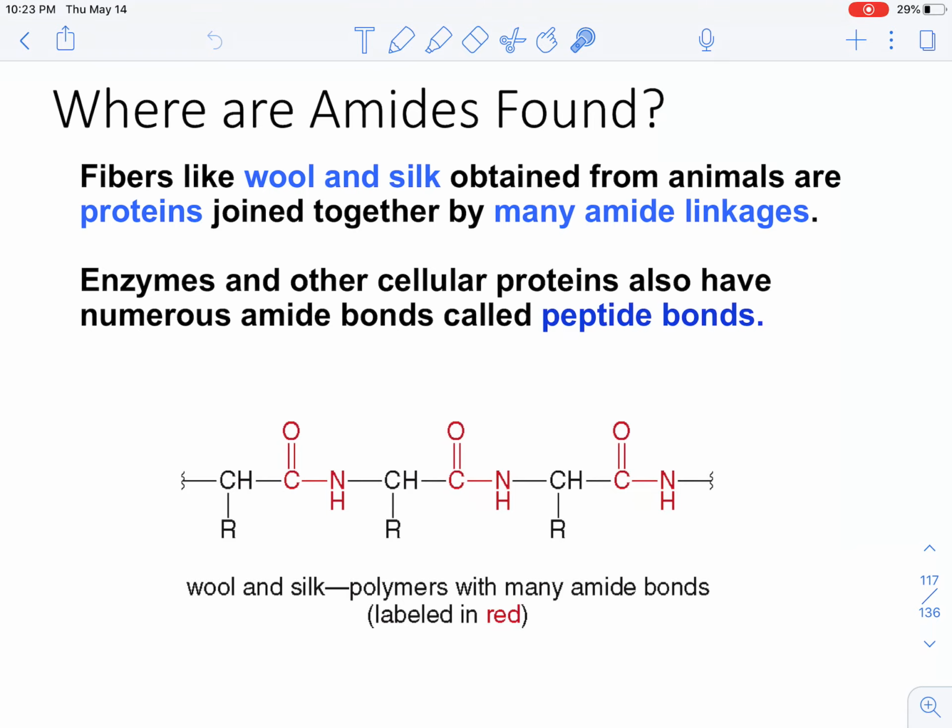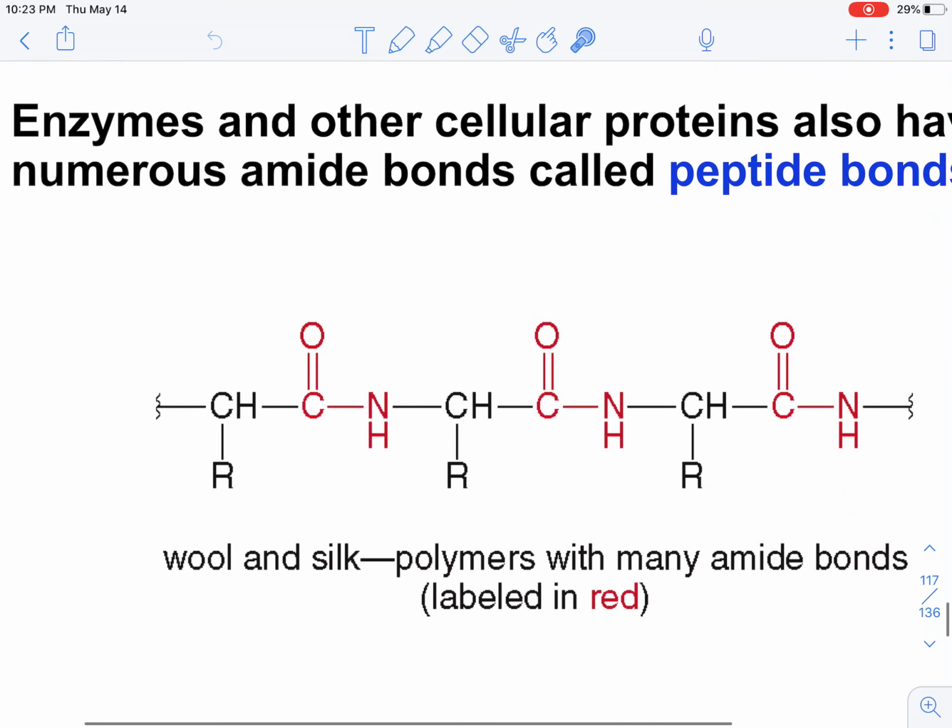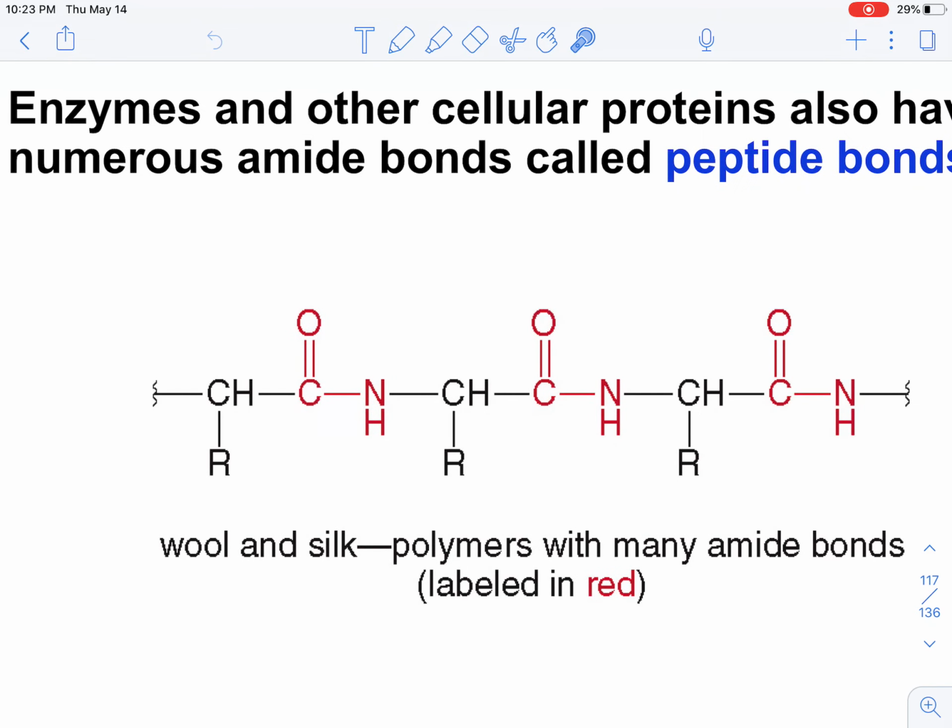And so for proteins in the primary structure, when the carboxylic acid of the backbone of the amino acid undergoes a dehydration with the amine of the amino acid, it's going to form this peptide bond. And this peptide bond is just a fancy name for an amide.